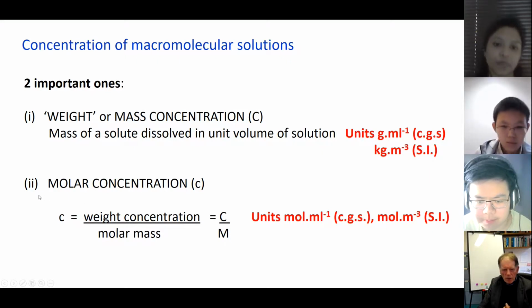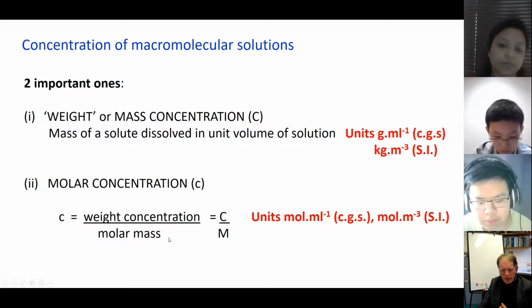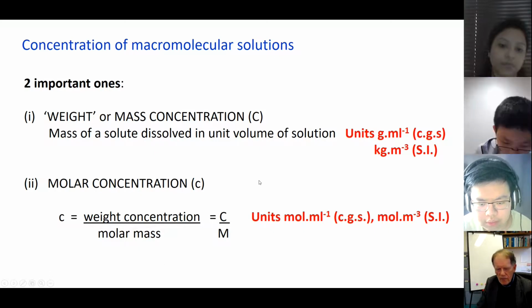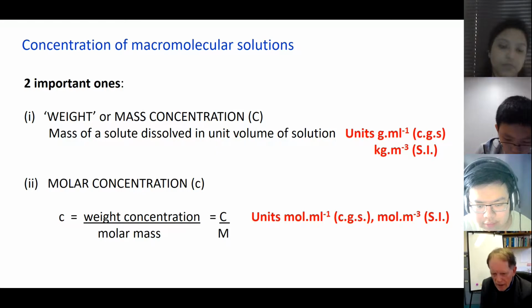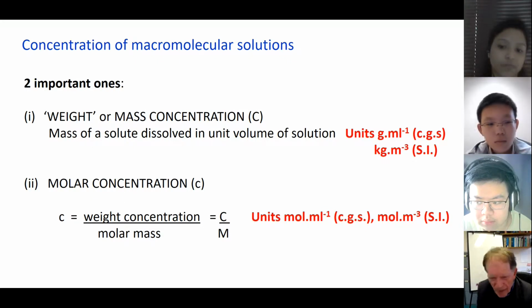There's also the molar concentration, which is often given the symbol lowercase c, and that's a measure of the number of moles dissolved per unit volume of solution. And 1 mole is 6.022 times 10 to the power 23 molecules, which is Avogadro's number.